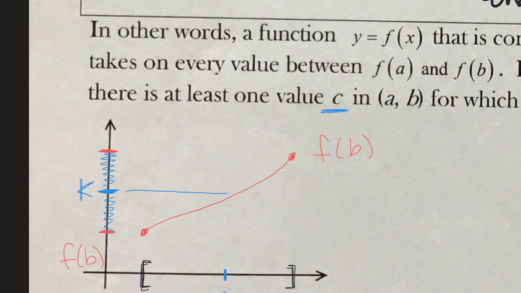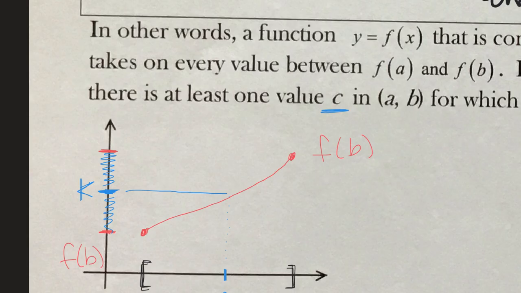That's what it's trying to say. If our graph is continuous, then there's going to be a y value in between your max and your min, your lower bound and your upper bound. That's what is guaranteed by the intermediate value theorem.